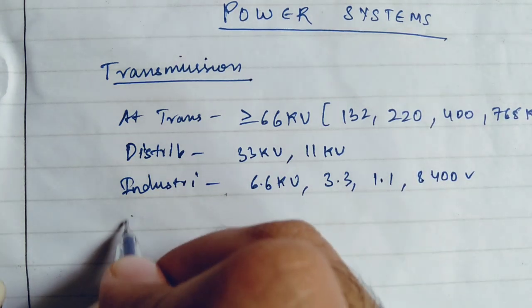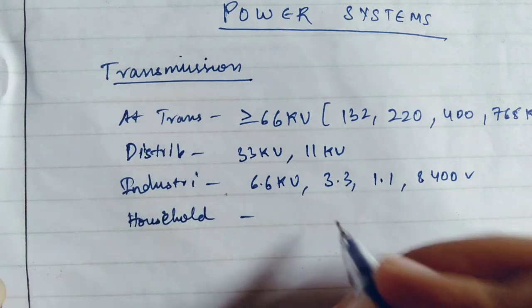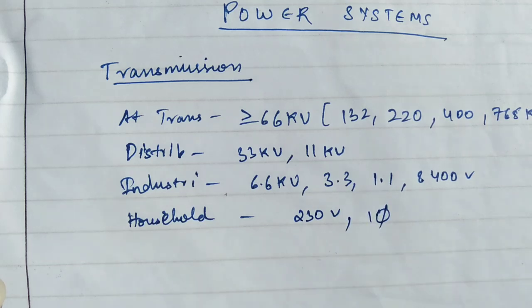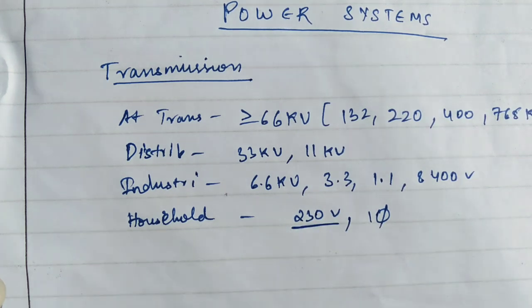And coming to the household distribution, we get 230 volts single phase. Of course we get 3-phase supply, but as we are using single phase appliances, we extract single phase from 3-phase, which is 230 volts.